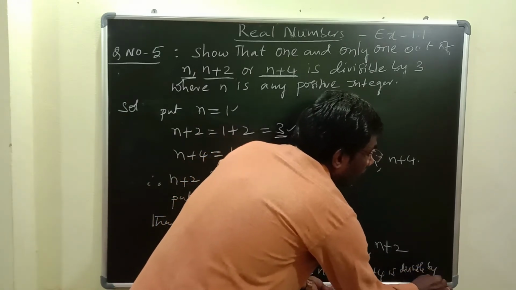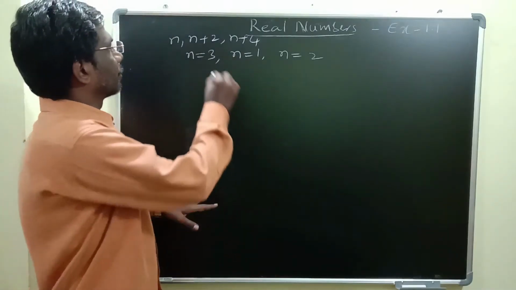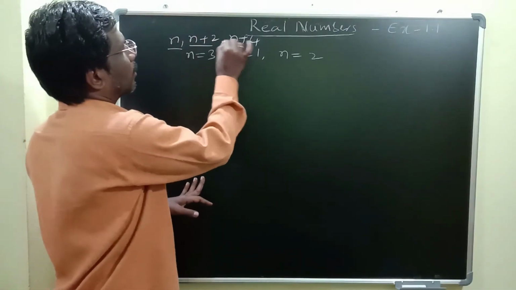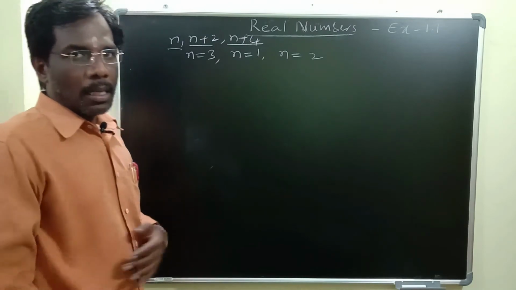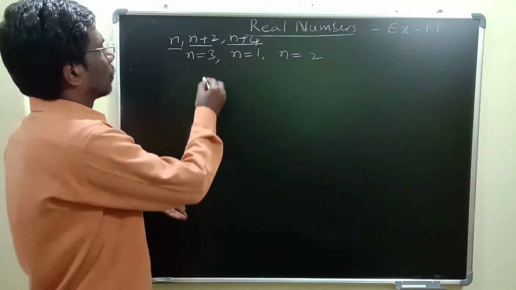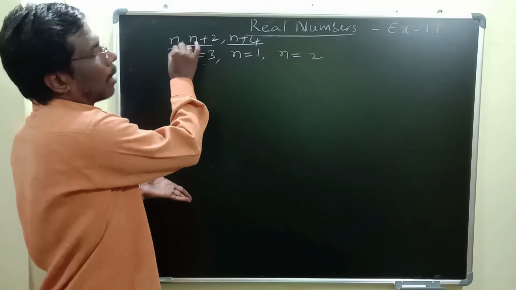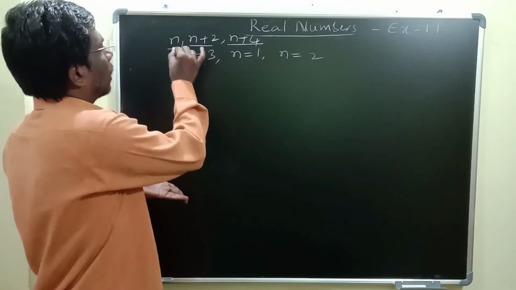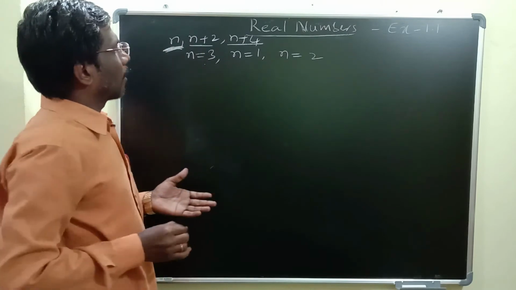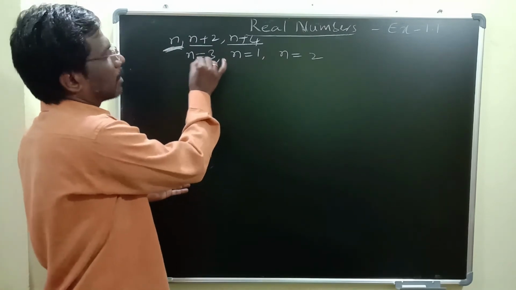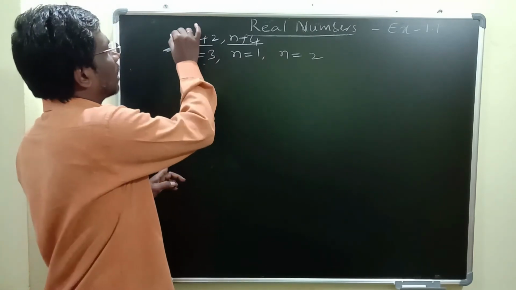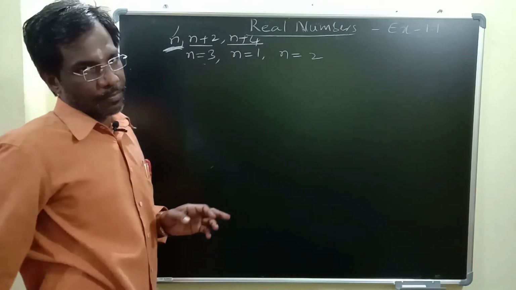In this question, n, n plus 2 and n plus 4 are there. I am trying to take the values for dividing in an order-wise manner. For n, I am taking n is equal to 3. So if it is satisfied, the other two will not be satisfied.